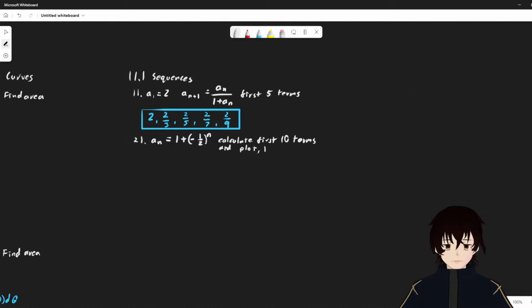Oh, has a limit. Find the limit. All right. Yes, my calculator should have a table function.